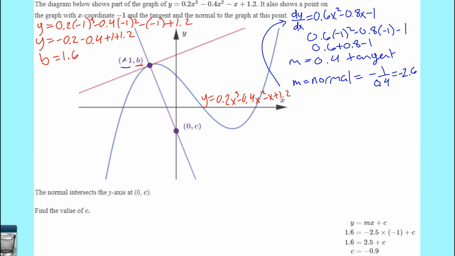We know a point and we know a slope, so we can do our line, right? Our y equals mx plus b. So we have y equals mx plus b, so we know our slope of our normal is negative 2.6. We know the point that goes through that normal is negative 1, 1.6.